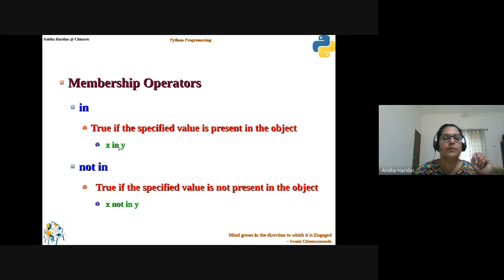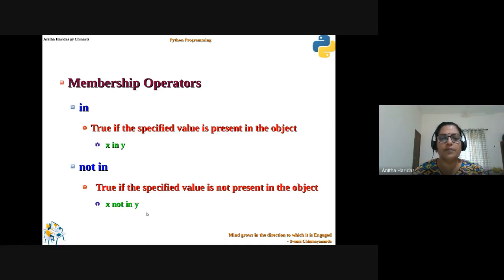So you give the format like X in Y. So if the X value is in the object Y, it will be returning true. Obviously, the opposite is for the not in operator. It will return true if the specified value is not present in the object.